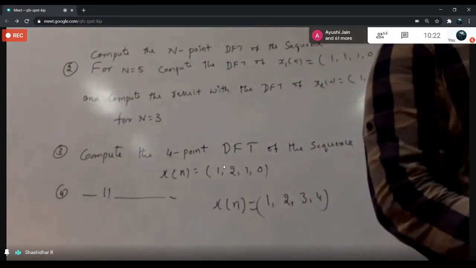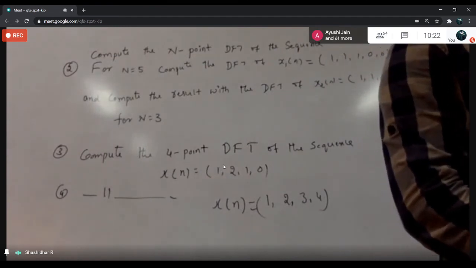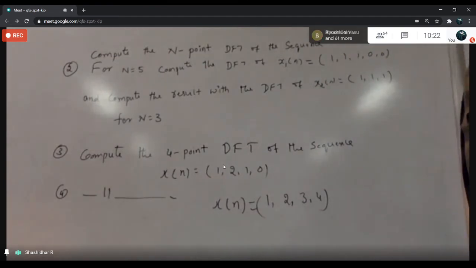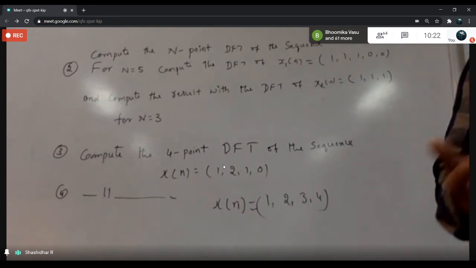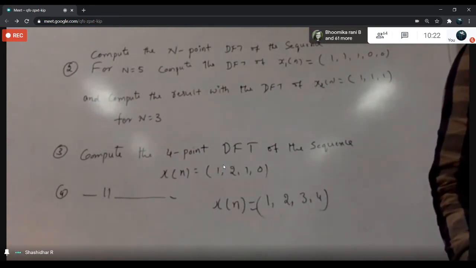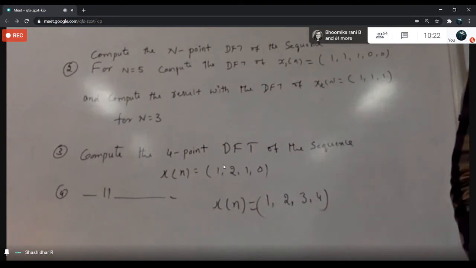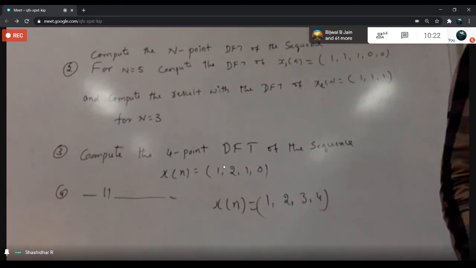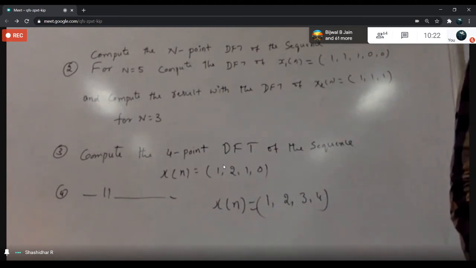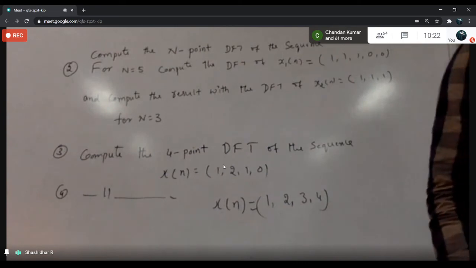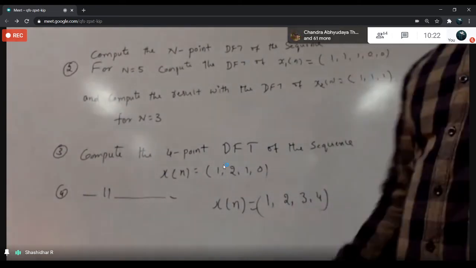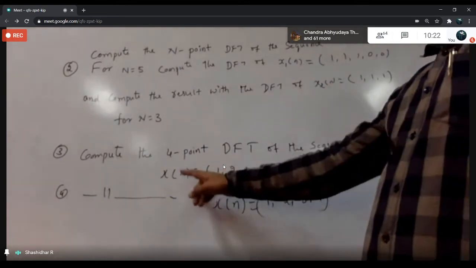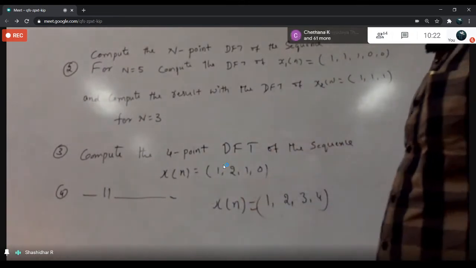DFT and IDFT are the same. In the place of x of n we are given x of k values. Here the given values are x of k.